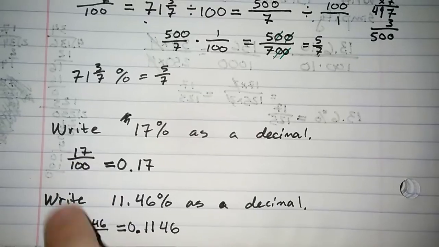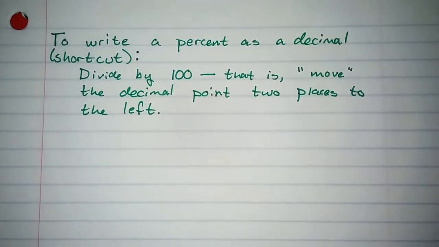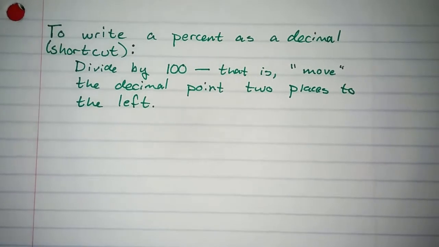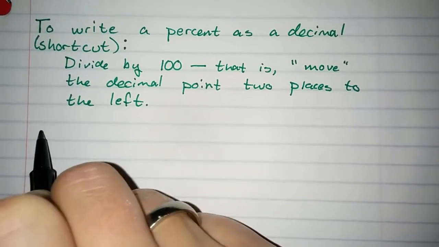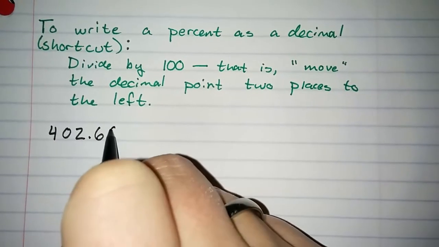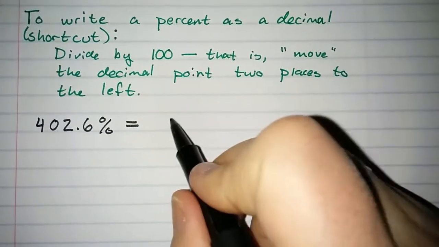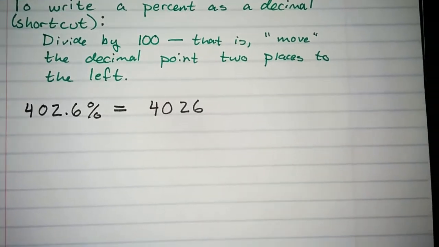So we really see a shortcut here, don't we? We may not need to actually write out this fraction step. To express a percent as a decimal, we have this nice shortcut. We move, in quotes, the decimal point 2 places to the left. So 402.6%, well, that'll have the digits 4026.